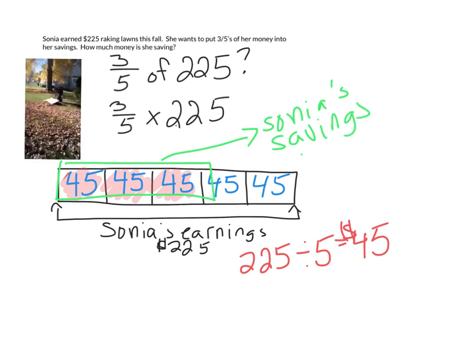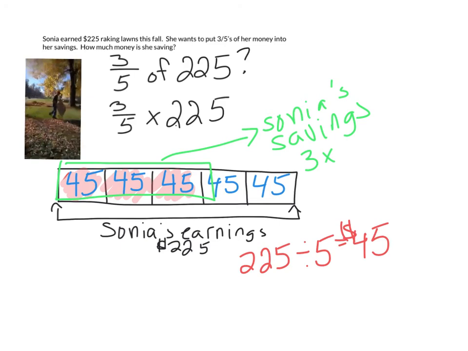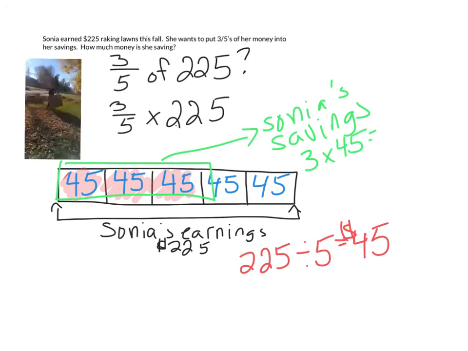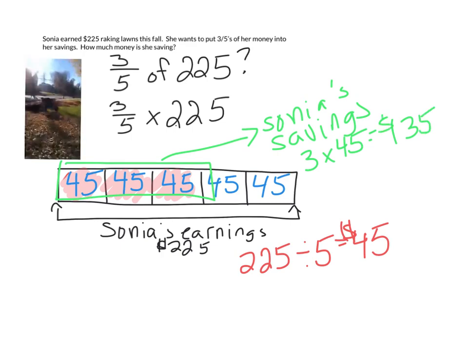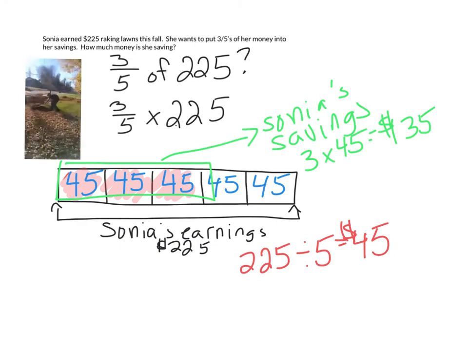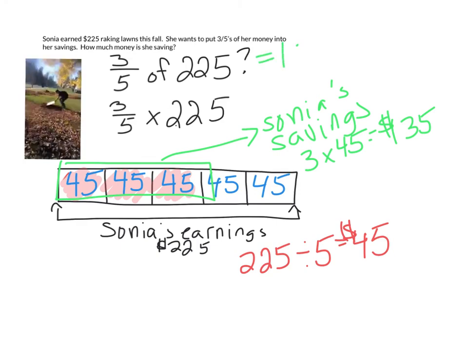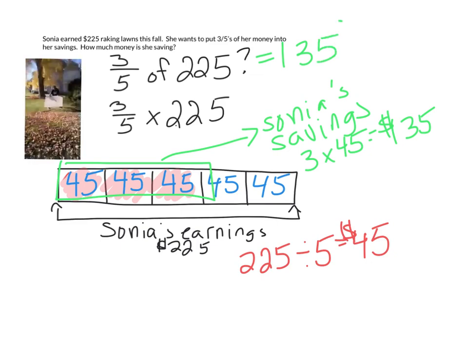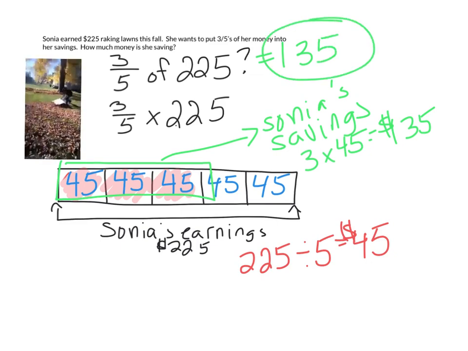So in this case, it's going to be 3 pieces that are each worth $45. So if I do 45 times 3, it ends up that Sonia is saving $135. So 3/5 of 225 is equal to 135, or that's the amount of money that she would put into her savings.